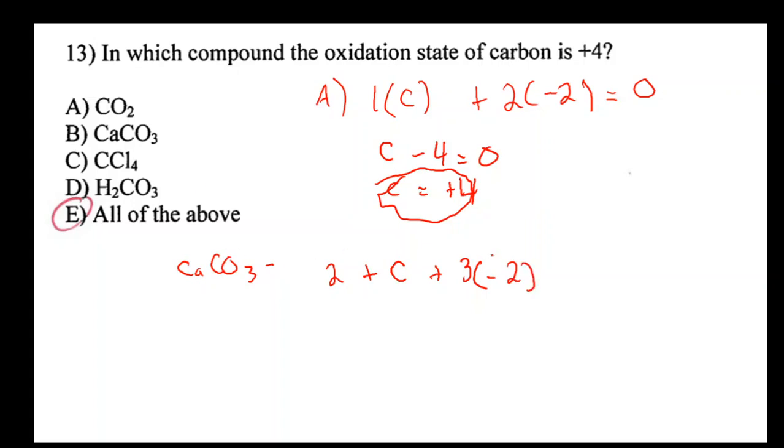There's no overall charge, so that equals 0. Simplifying, we have 2 plus C minus 6 equals 0. Adding these two, C minus 4 equals 0, so C is equal to plus 4.